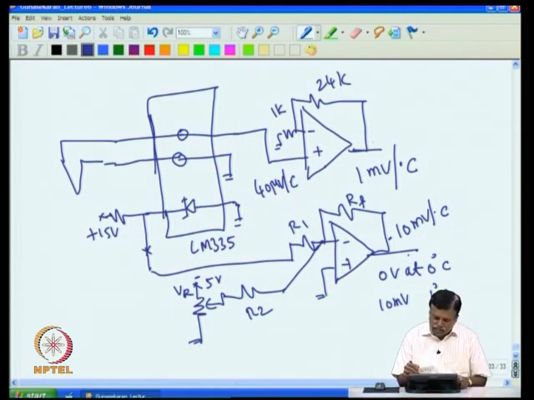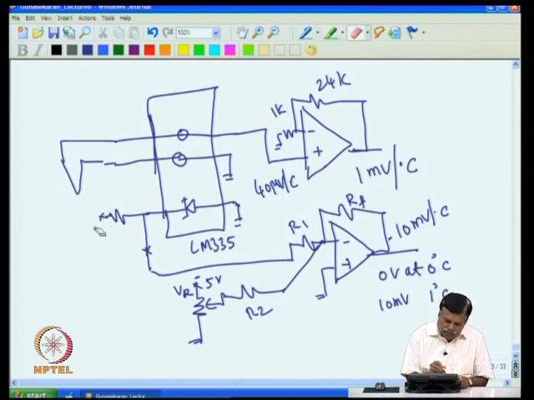So this and this will be the same polarity, and then this 10 millivolt is supposed to be made into 1 millivolt and added. Now there are two ways of doing this. I can remove this plus 15 here and put minus 15 here.